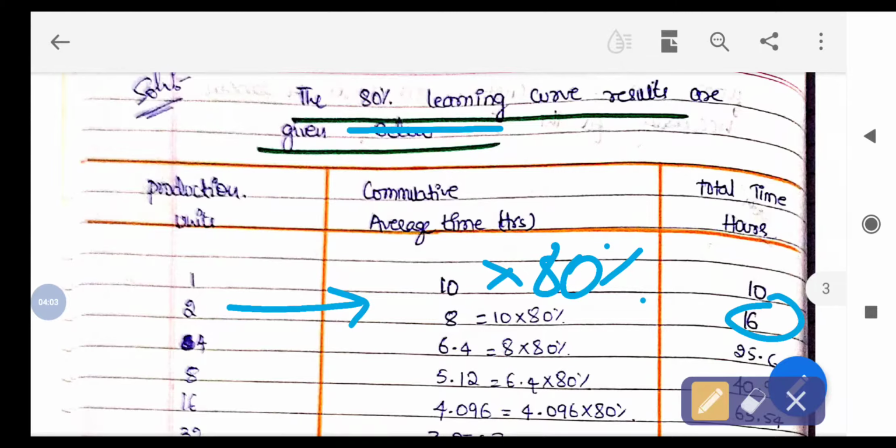Next, for 4 units, we calculate 80% of the previous average time. The previous is 8 hours, and 8 into 80% is 6.4 hours. So for 4 units the total time will be 4 into 6.4, which is 25.6.